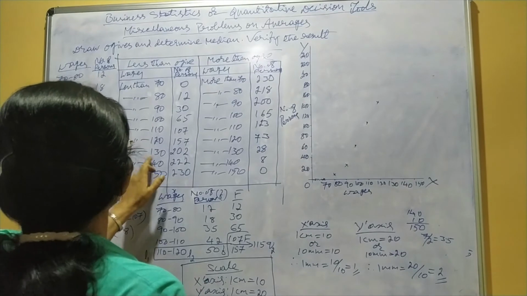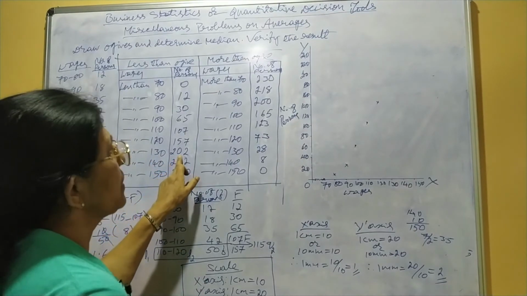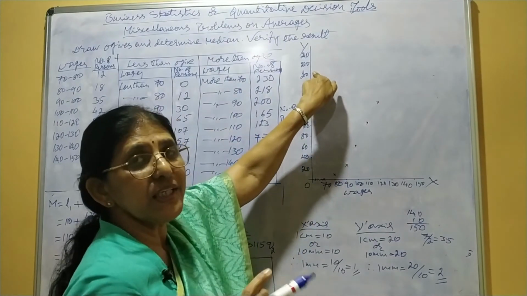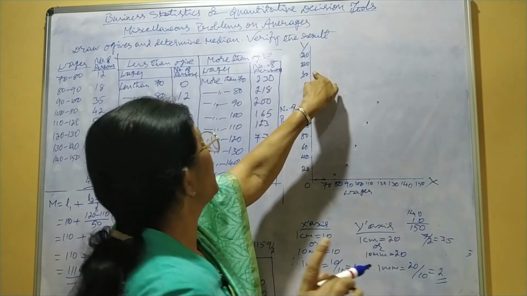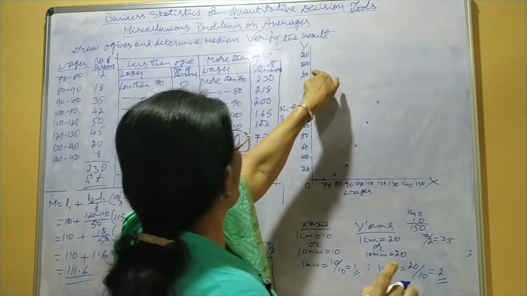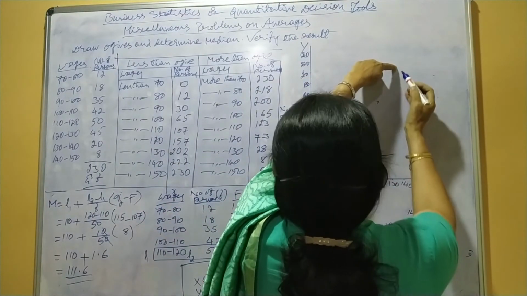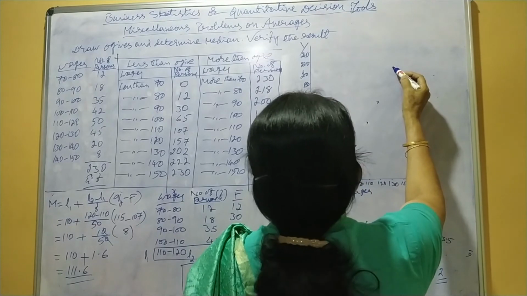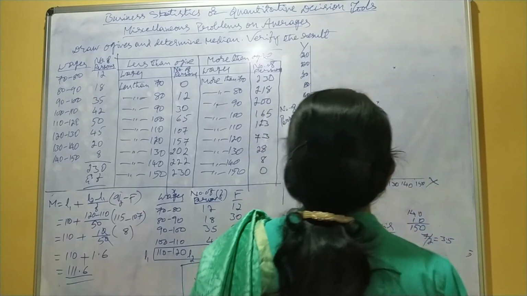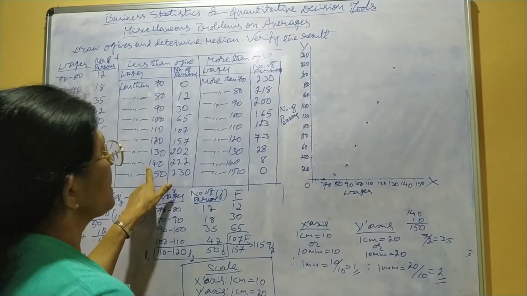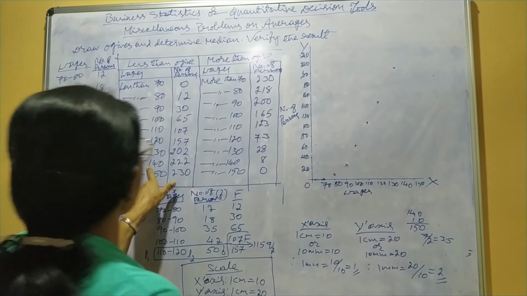Then less than 130, 202. Here it is 200. Each millimeter measures 2. That means 2 means 1 millimeter above 200. That is corresponding to 130. Okay, then 222, less than 140, 222.